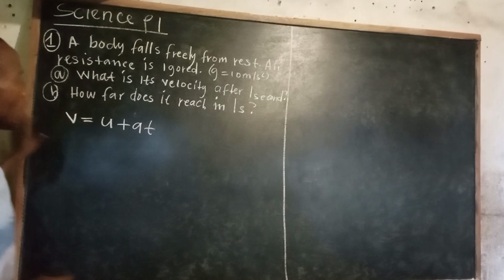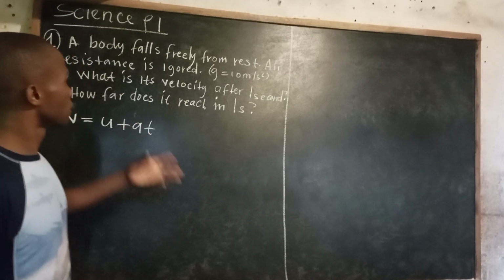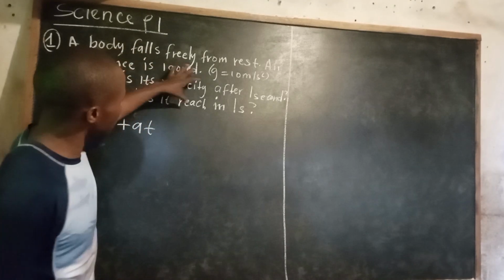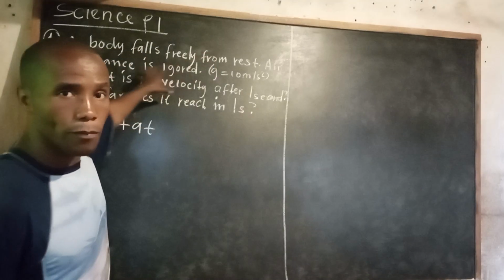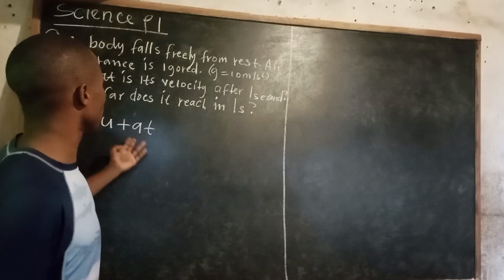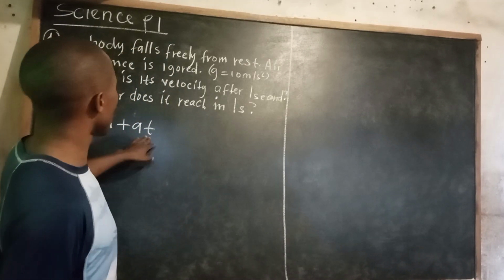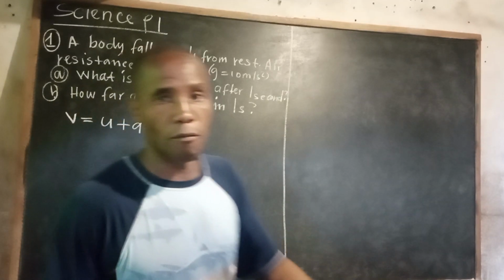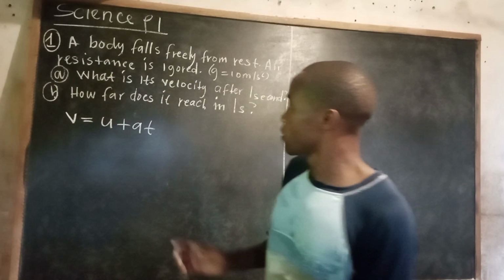Time. This is suitable for the question we are given, because when you look at the statement, everything is there. We have initial velocity, we have acceleration, which is the gravitational force, and we have time. So it is very easy for us to find the final velocity, which is v.